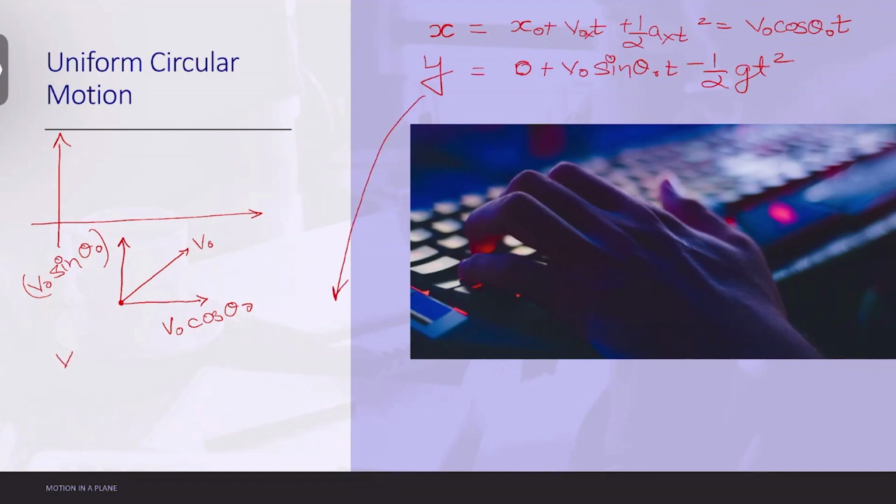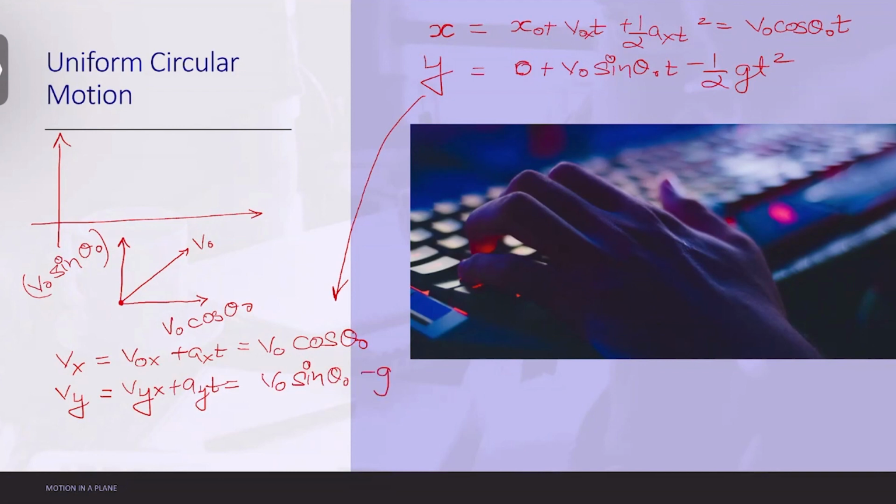After this, we can obtain the velocity vx, which is the initial velocity in x direction plus ax t, equal to v naught cos theta naught only. Similarly, vy is the initial vy plus ay t, which is equal to v naught sin theta naught minus g t. So we know the equations for x and y, and vx and vy also.